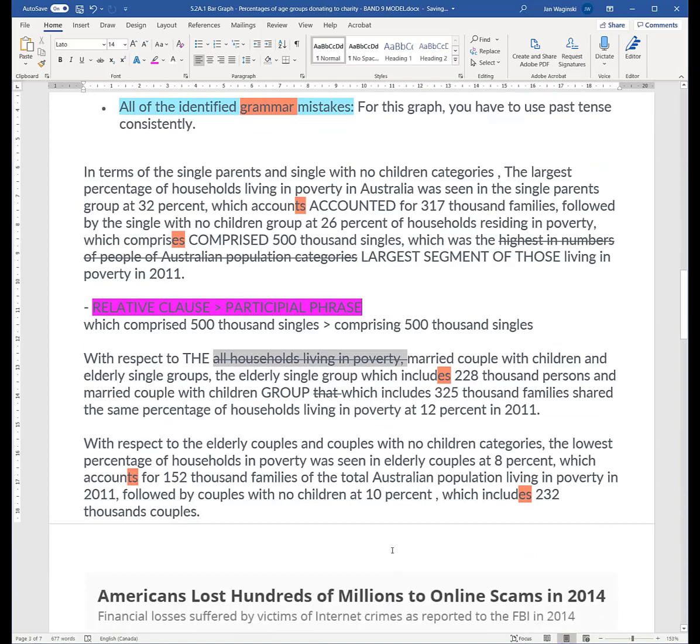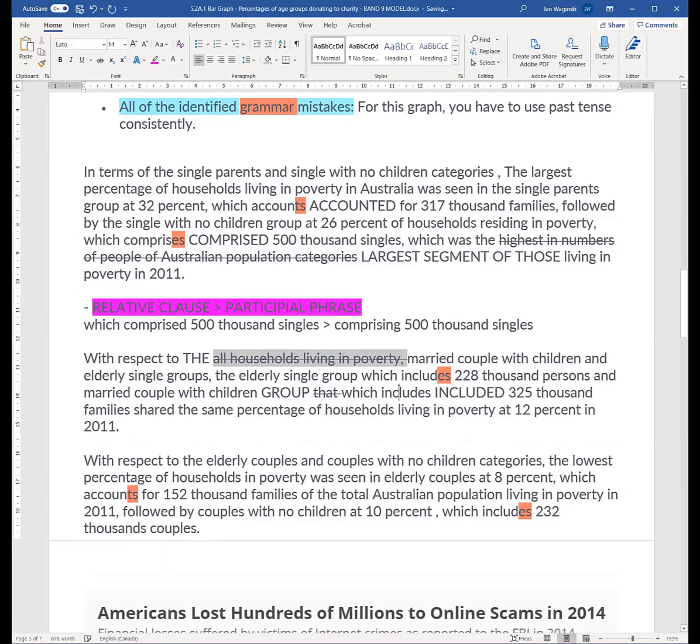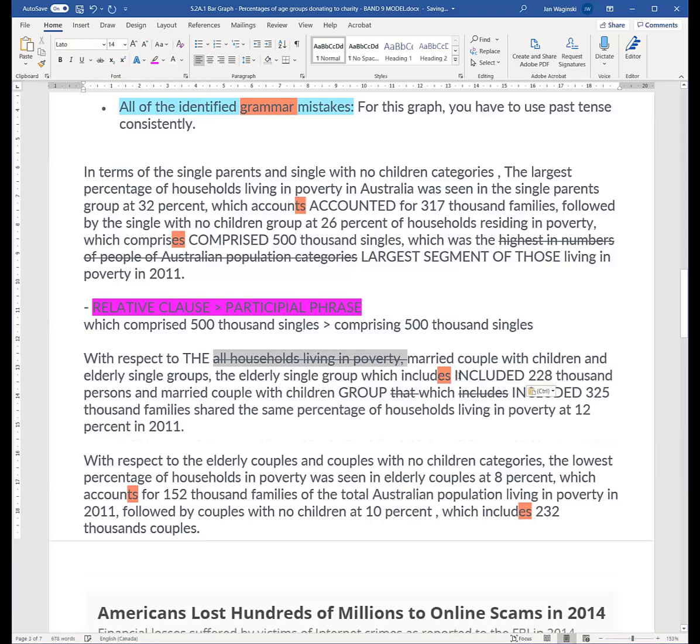With respect to the married couple with children and elderly single groups, the elderly single group, which included 228,000 persons, and the married couple with children group, which included 325,000 families, shared the same percentage of households living in poverty at 12% in 2011.